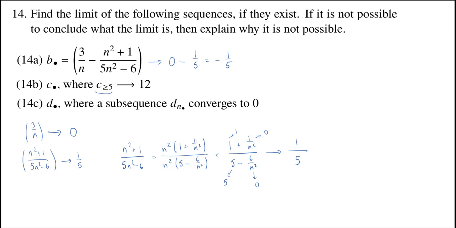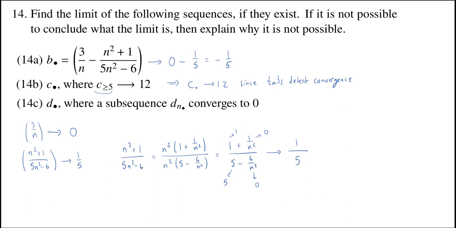In fact, in our definition of a limit, every L coin contains a tail of the sequence. And so as soon as we know that a tail converges to 12, then the entire sequence has to converge to 12. So this implies that C dot converges to 12, since tails detect convergence.